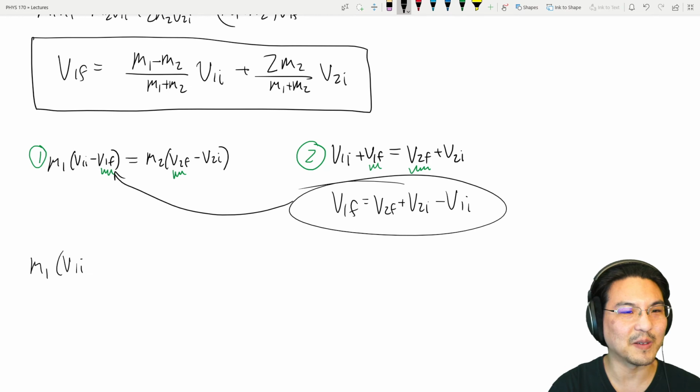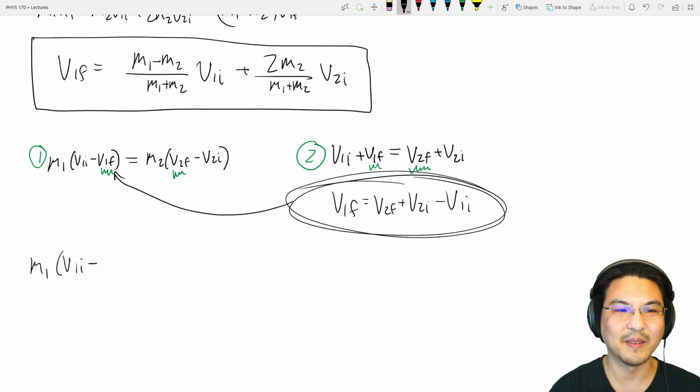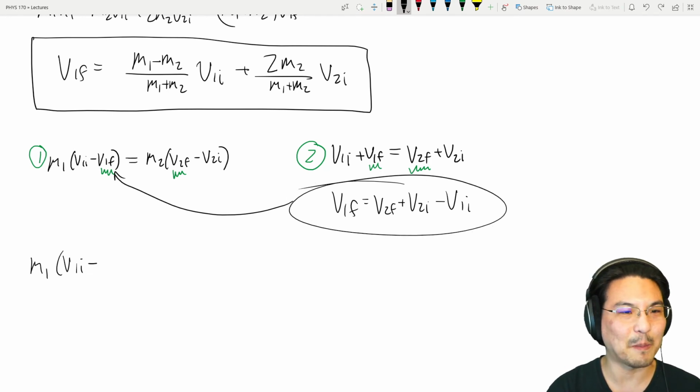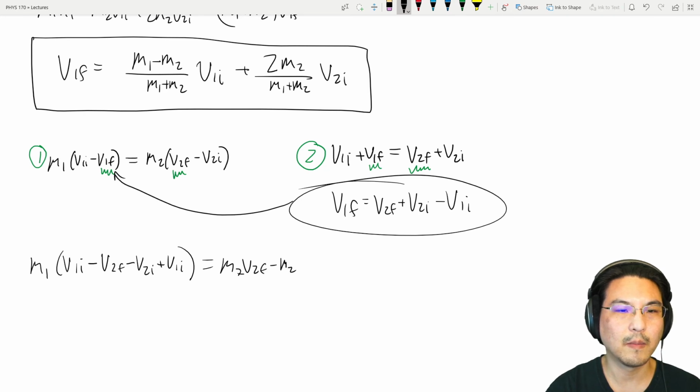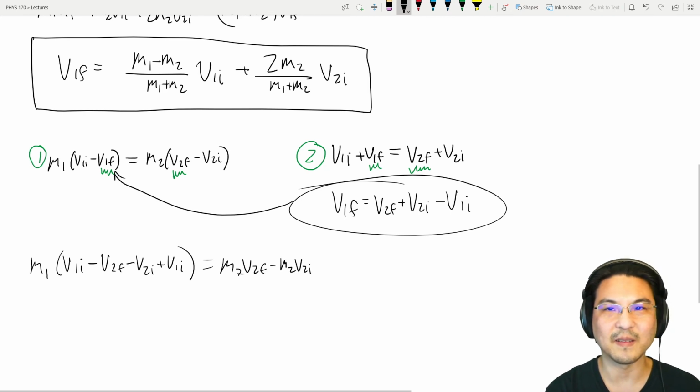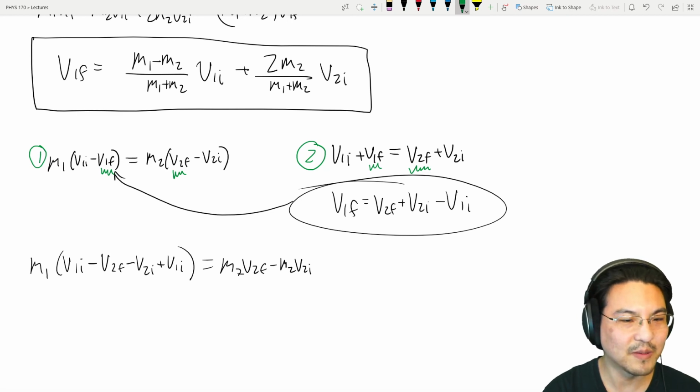M1 V1 initial minus this. So let's be careful with that minus. So minus plus. Okay, and then the rest of it. All right, and then let me keep an eye on my unknowns.